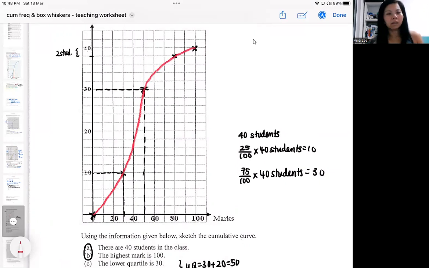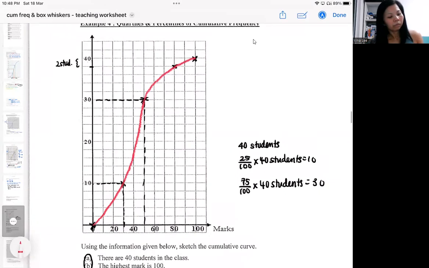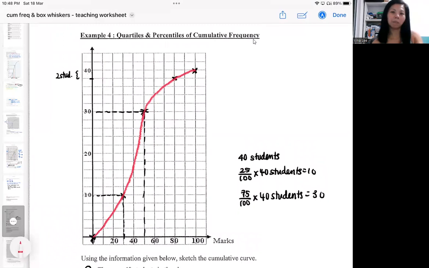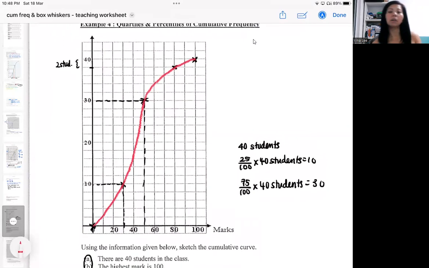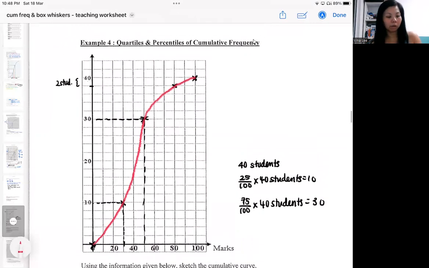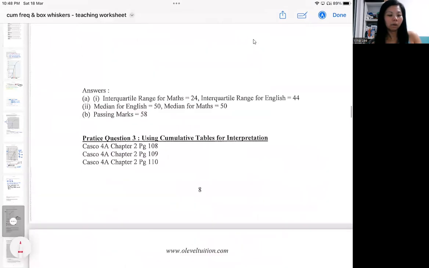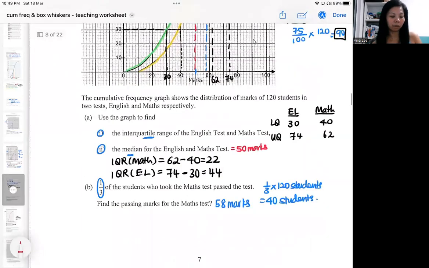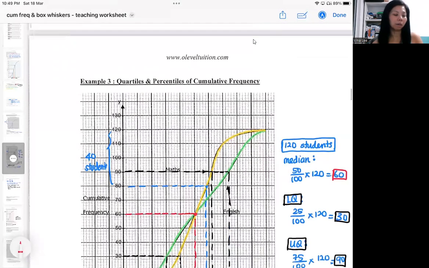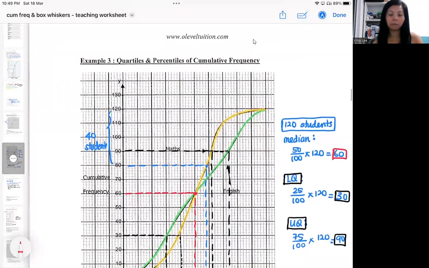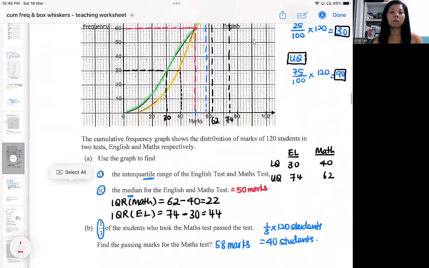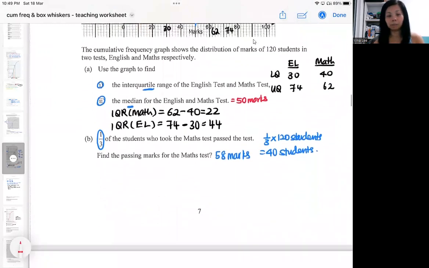So this one is just a bit of, if they want you to think backwards, they will have you think backwards about your lower quartile, upper quartile, interquartile range, all this. The more direct one is the one in example 3. Example 3 is the kind where you got 2 cumulative graphs on the same axis, but the calculation for median and interquartile range will still be the same.